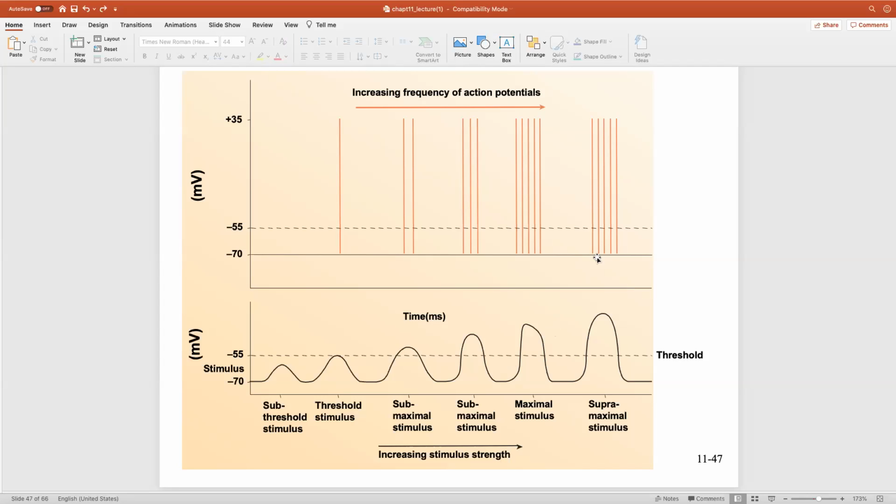So you have to wait out the absolute refractory period. Once you wait it out, and now you're in the relative refractory period, then we can stimulate, right? But if you want to re-stimulate any faster, you are going to end up in that absolute refractory period, and you can't re-stimulate anyway, right? So there's always a maximal stimulus strength where you can't go beyond that.